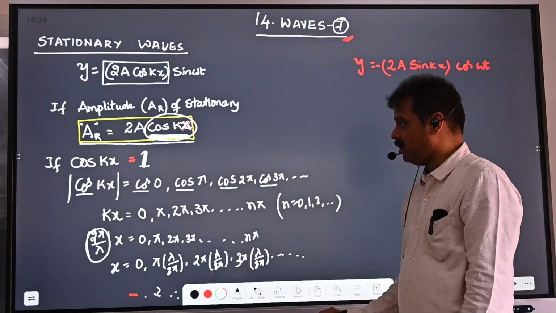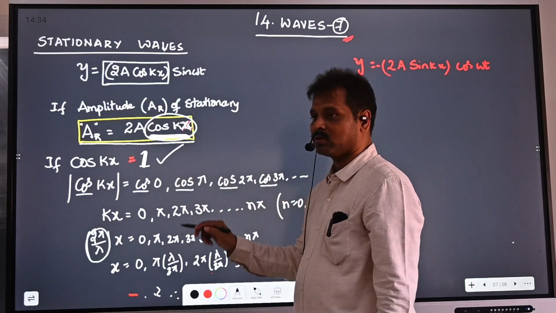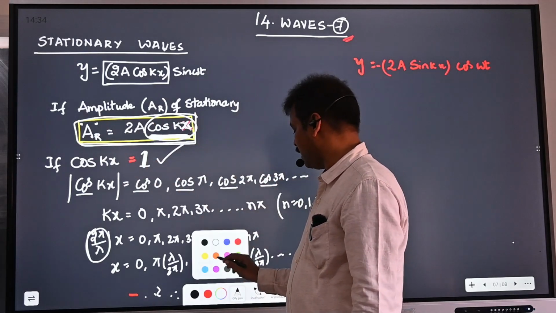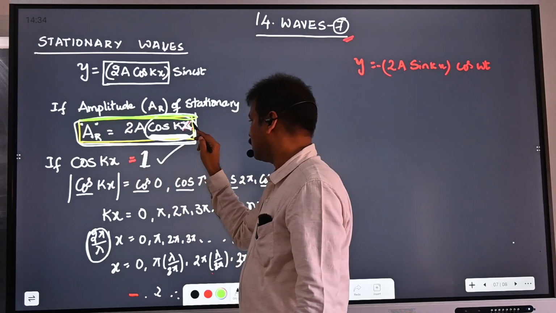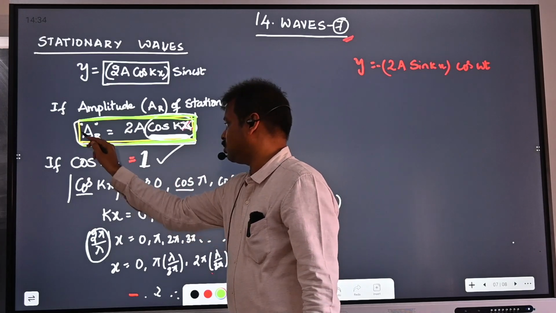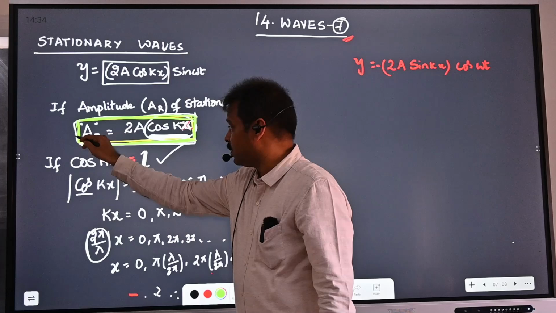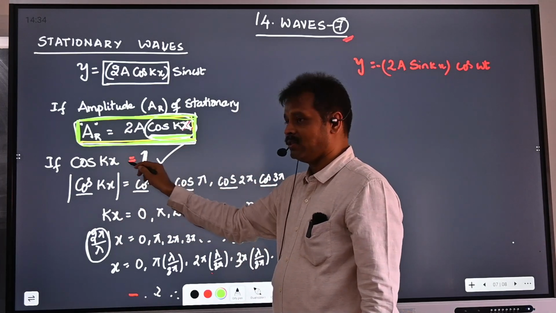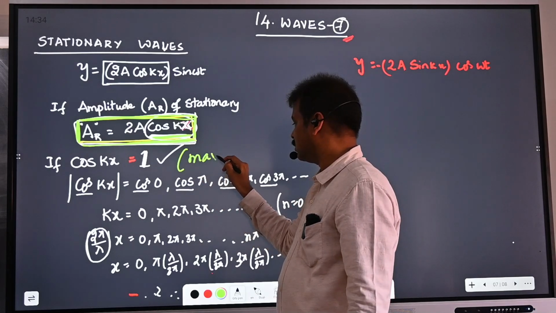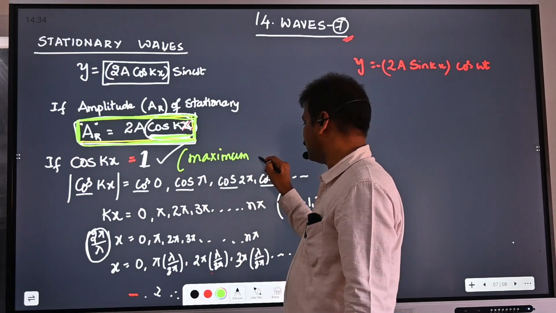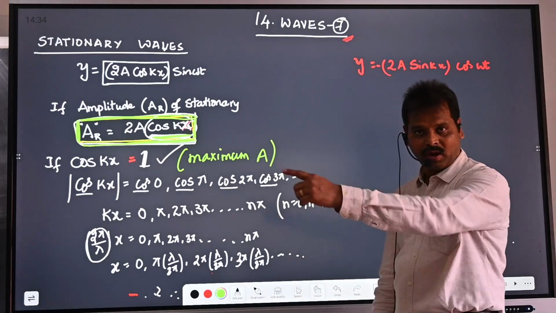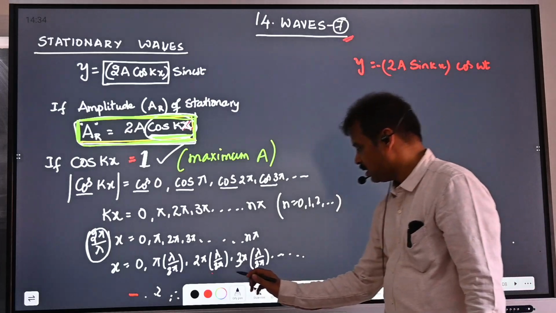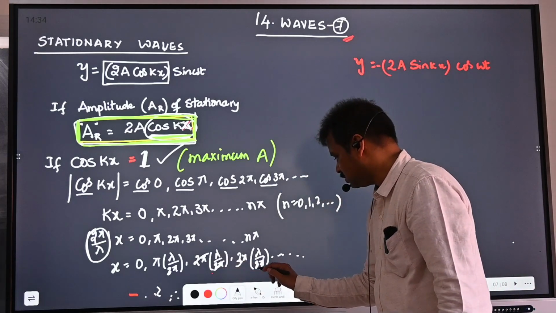So where will you get the maximum amplitude? I am finding where this amplitude will be maximum. For this to become maximum, this value must be maximum. This is the condition for maximum amplitude. Can I cancel the 2 pi and 2 pi, and pi and pi?